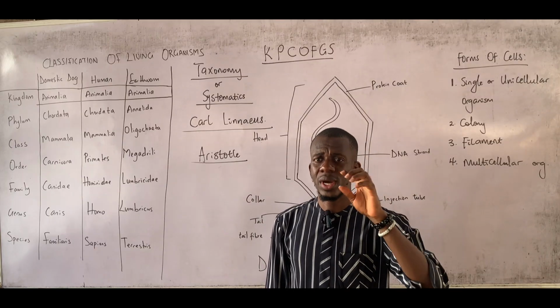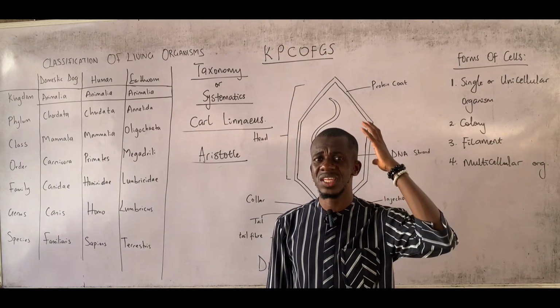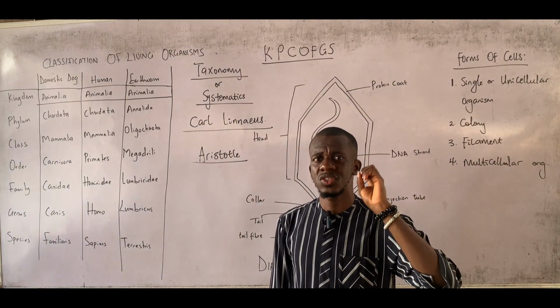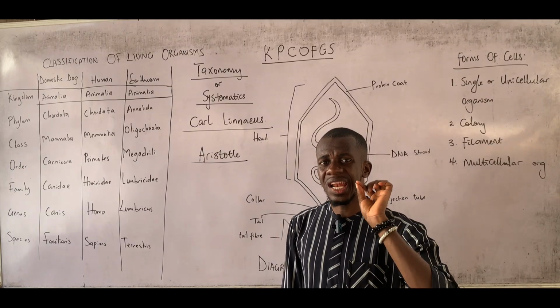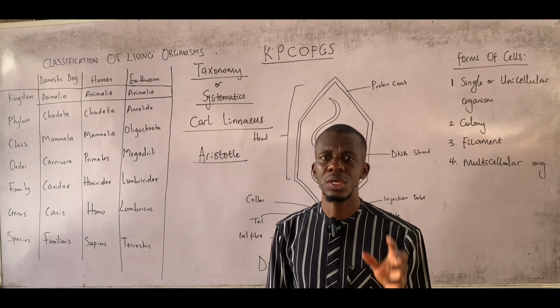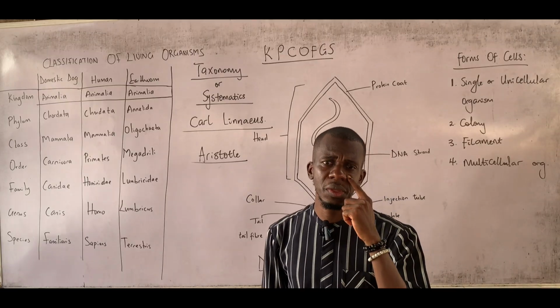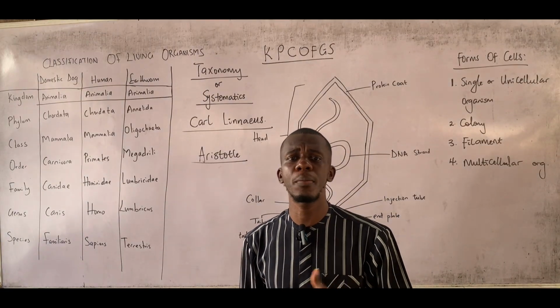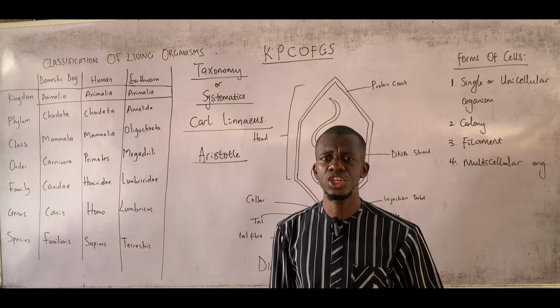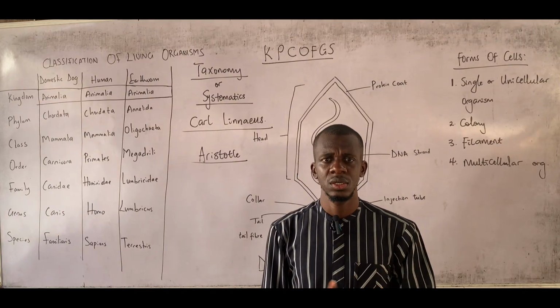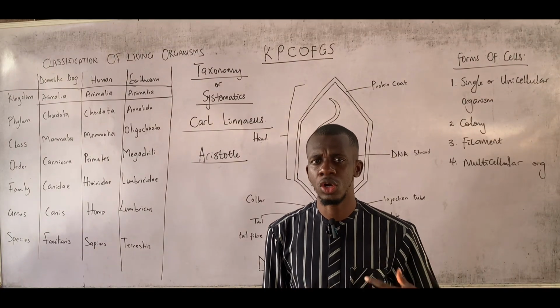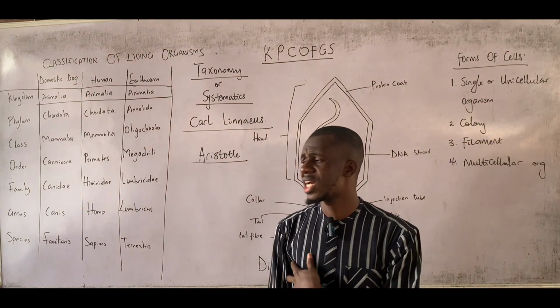Yes. So whenever an organism possesses hair, such organism is likely to belong to the mammalian class. All right, that's one. Another feature of the mammals is possession of what we call mammary glands, which they use for breastfeeding, for feeding their young. You see that now? Excellent.